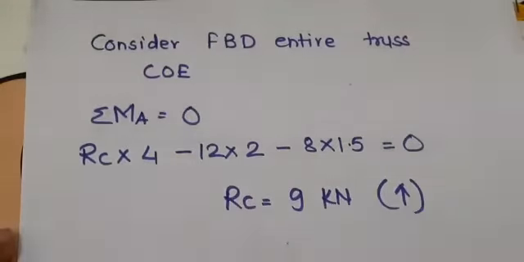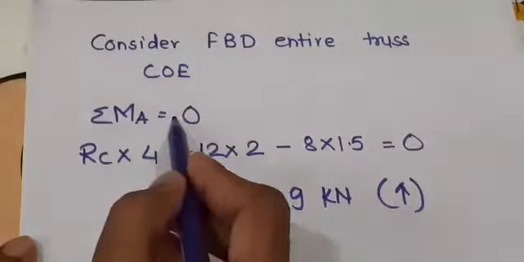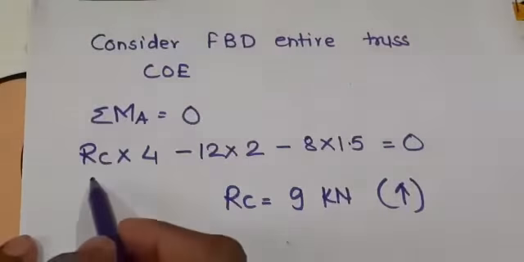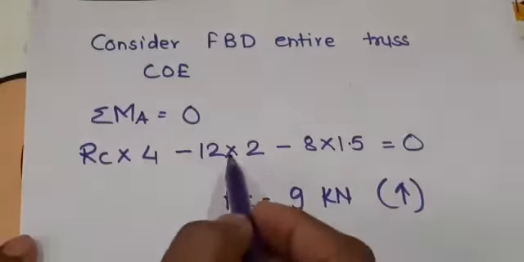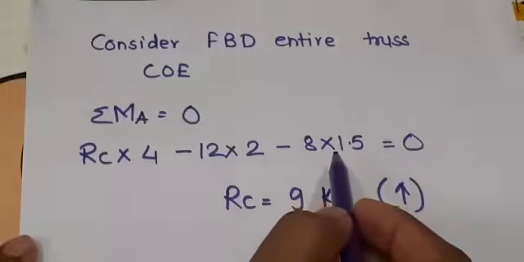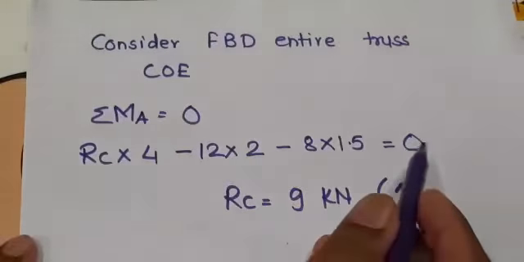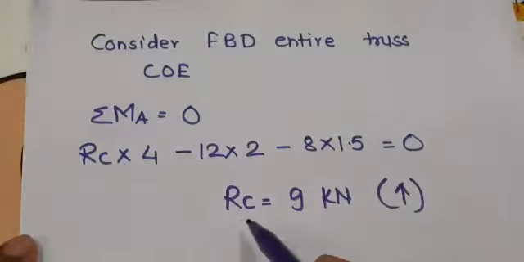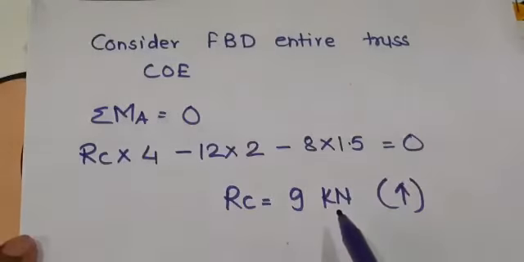Applying conditions of equilibrium to the FBD of the entire truss, first of all we apply the condition that moment about point A is equal to 0, which gives RC into 4 minus 12 into 2 minus 8 into 1.5 is equal to 0. From this equation we get the value of RC which is equal to 9 kilonewton in upward direction.